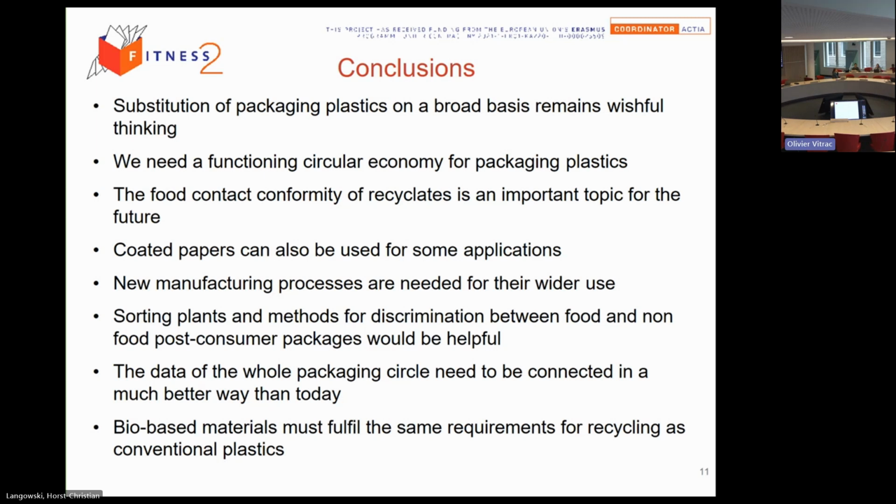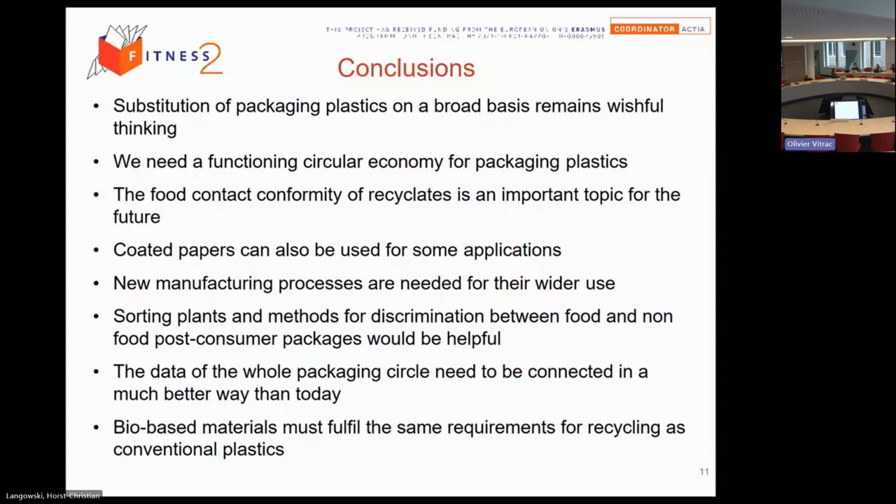Olivier will do a lot of work on that in the future, I think. And coated papers are not the solution. They can be used for some applications, but not all. And also the technique for making them is not well established.